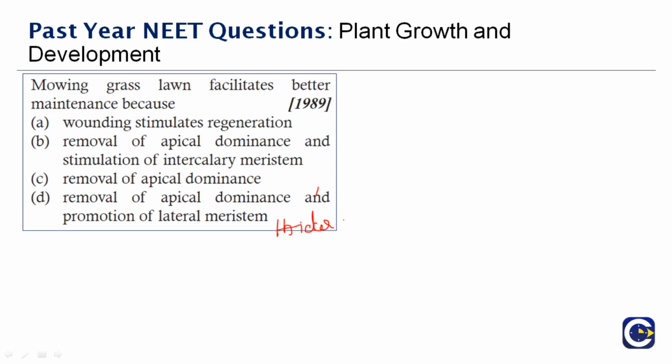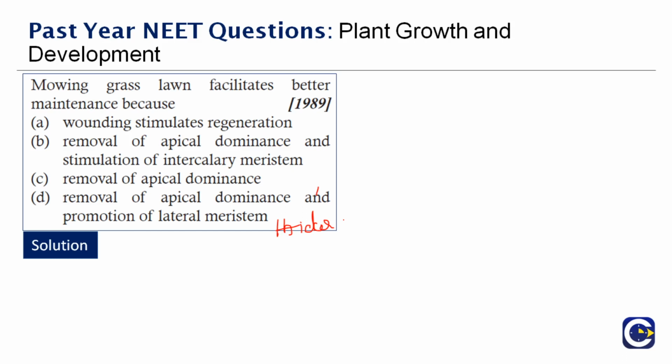Okay, so here they are asking us, mowing grass facilitates better maintenance because of what? See, apical dominance is a common observation in vascular plants. If the apical meristem is intact and growing, the growth of the lateral buds is suppressed. According to Skoog and Thimann, the auxin that is synthesized in the apical meristem is translocated downwards, and it will inhibit the growth of the lateral buds.